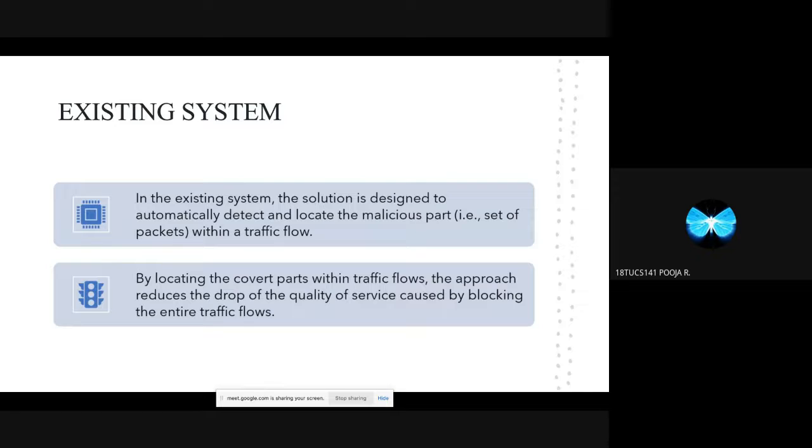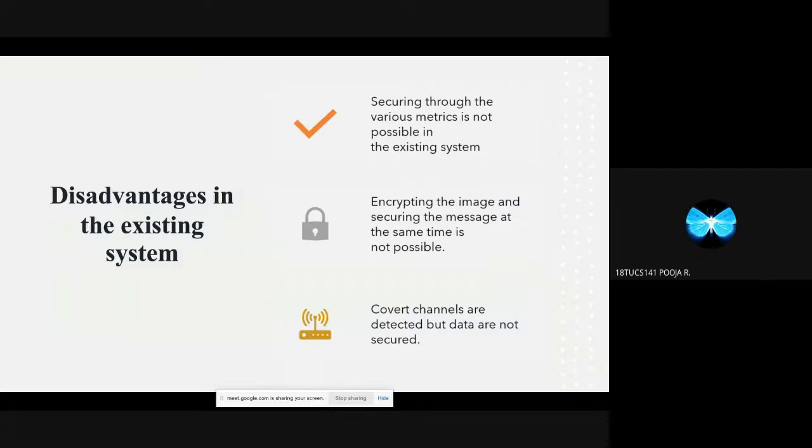In the existing system, the solution is finding the part where the attack of those CTCs takes place, and the approach is purely based on just predicting the attacks and not preventing the theft of the data from the networks.